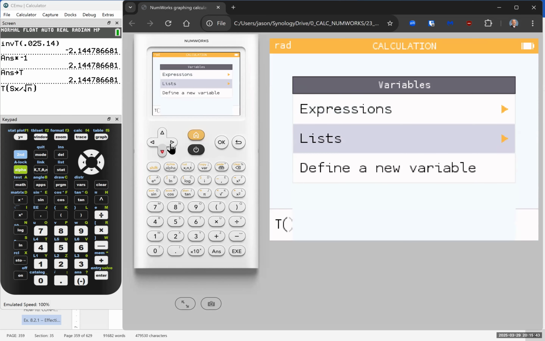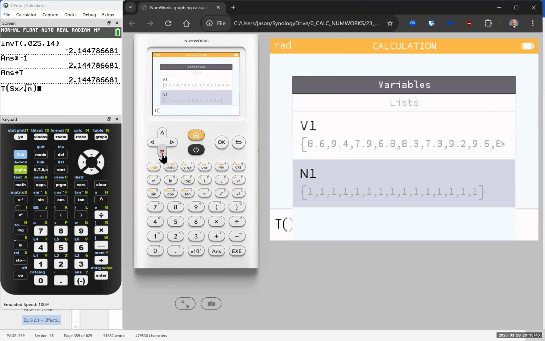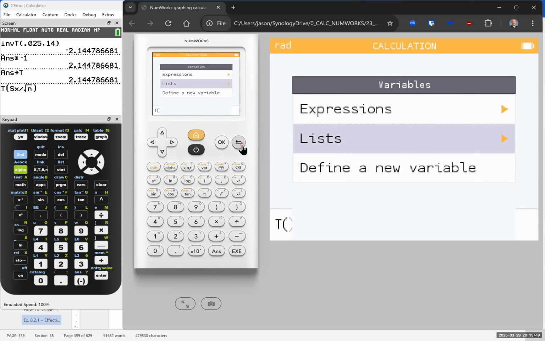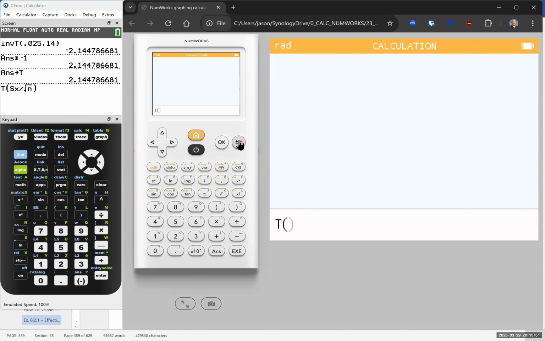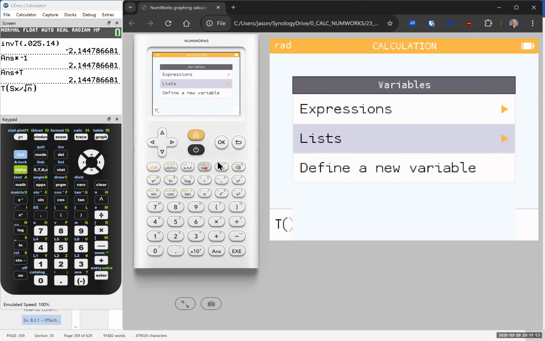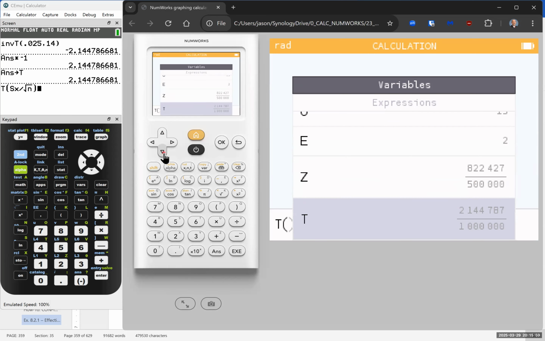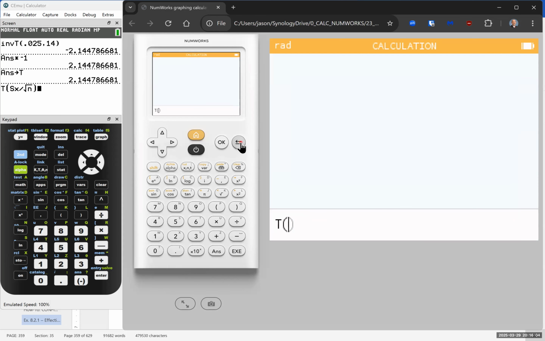Let me go to lists. No, that's not it. I want to define a new variable. And that's really my only two options here. Those are left over from a previous session.